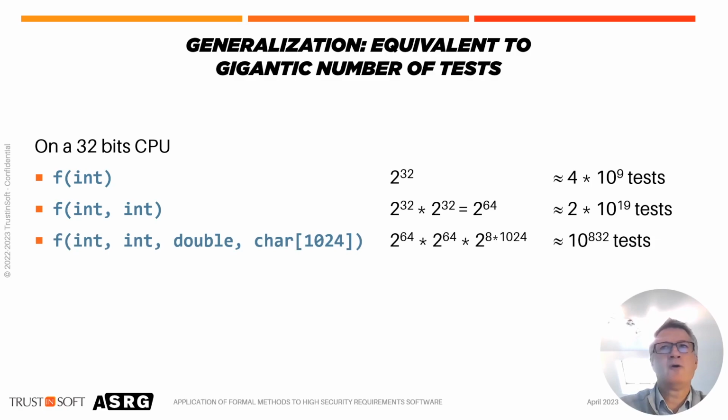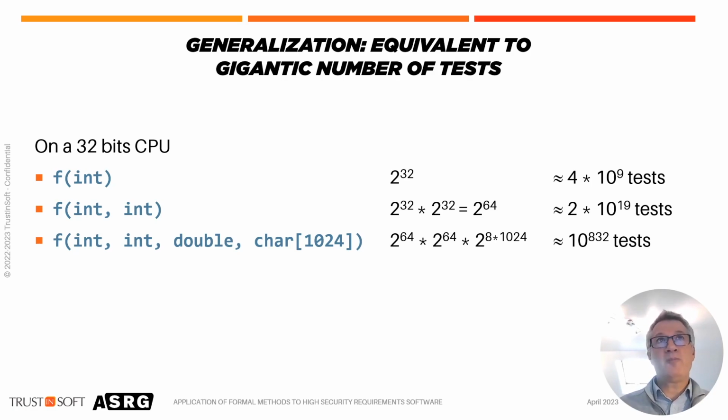And let's go to an even more realistic case where you take 2 integers, a double on 64 bits, and a buffer of 1024 characters. Now the number of tests that you would have to do if you wanted to test all combinations is an astronomical number that is completely unreachable.